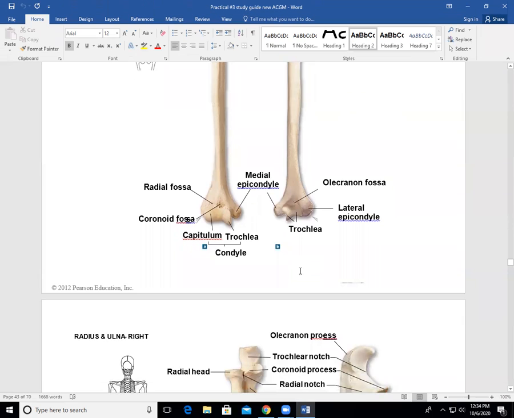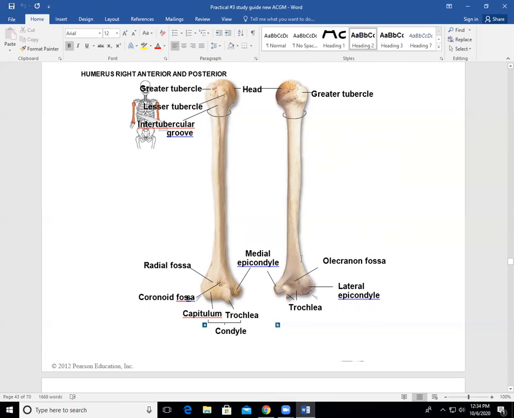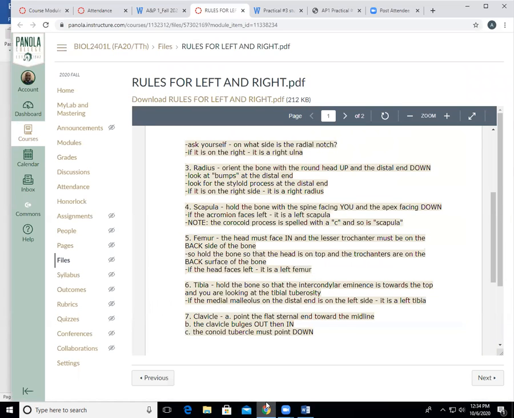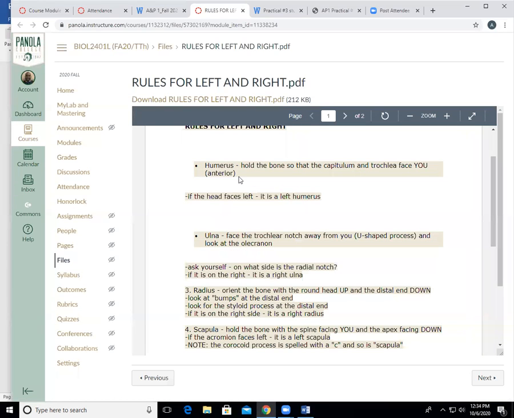Let me show you how to tell left and right for the humerus. You hold the bone so the capitulum and the trochlea face you, so you're looking at the anterior view. If the head faces to the left, it's a left humerus.